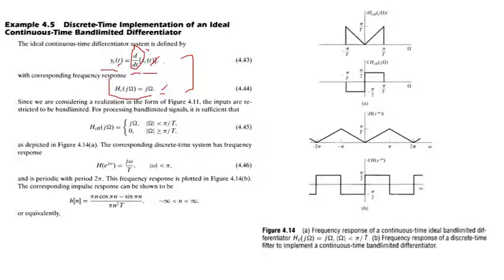That is the frequency response of a continuous system. So we know that when the signal is band limited, we do not need to specify that the frequency response is this. We just need to specify in some interval. So we know that the frequency response will be jω. This is the same thing, but within this limit it should be less than pi by t.